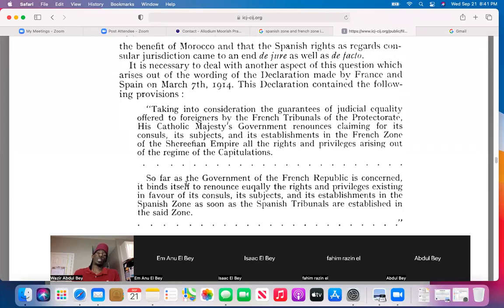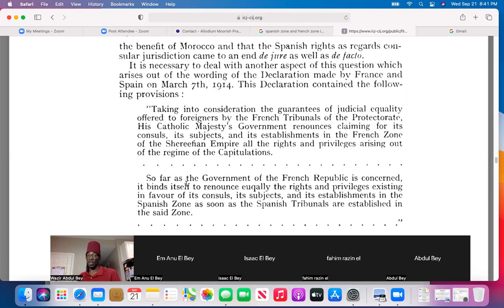Taking into consideration the guarantees of judicial equality offered to foreigners by the French tribunals of the Protectorate, His Catholic Majesty's government renounces claiming for its consuls, its subjects, and its establishments in the French zone of the Sharifian Empire, all the rights and privileges arising out of the regime of the capitulations.